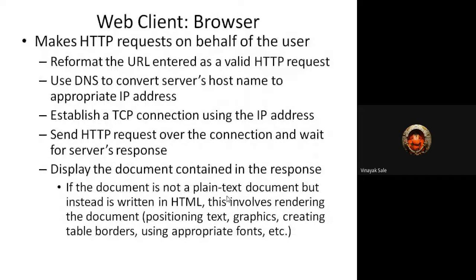Then web client, the browser, makes an HTTP request on behalf of the user, which reformats the URL entered as a valid HTTP request. It uses DNS to convert the server's hostname to the appropriate IP address.